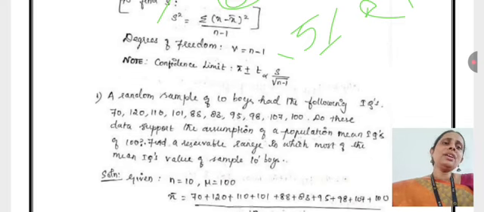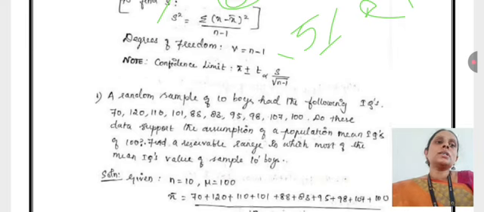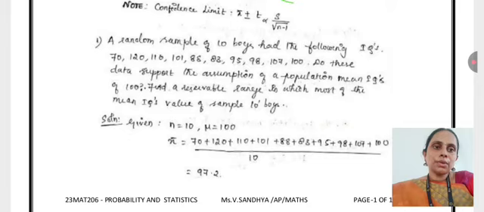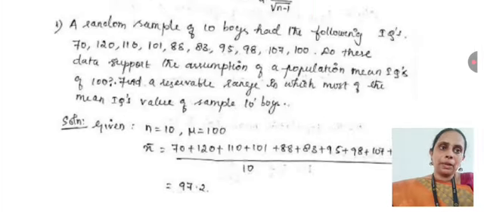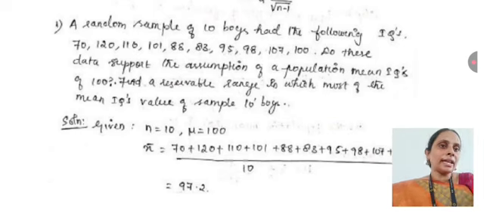Now we are going to see one problem. A random sample of 10 boys is chosen, so n is 10 and it is a small sample.